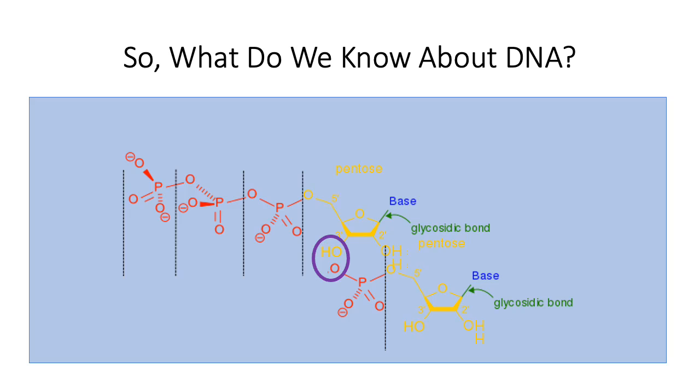And so now, this is called a dinucleotide. We have 2 nucleotides attached to each other. And the thing I have circled in purple, where I have the O of the phosphate and the H of the other base, in real life that is just a single O bond. So one of those O's and the H are gone.